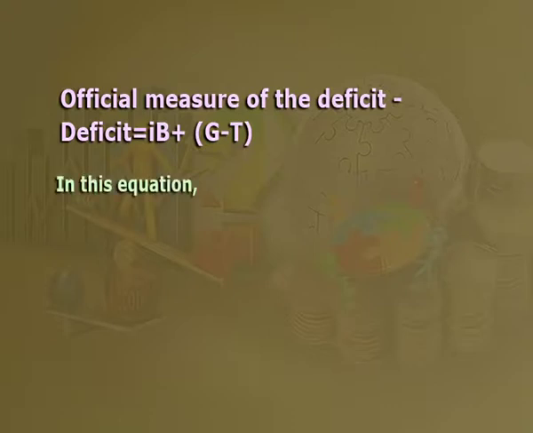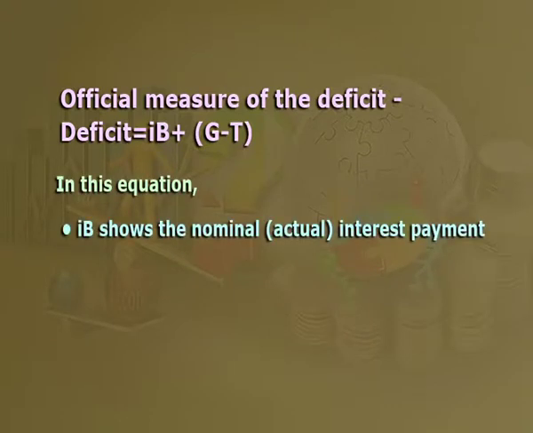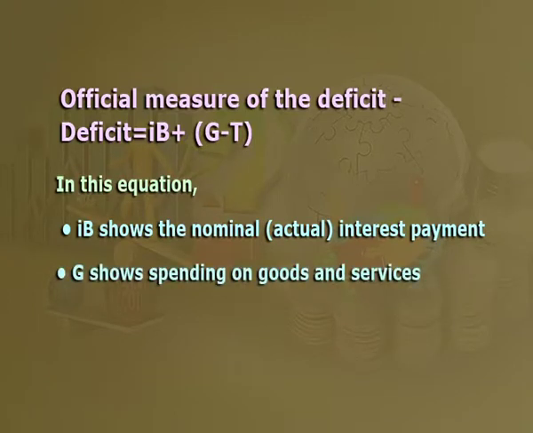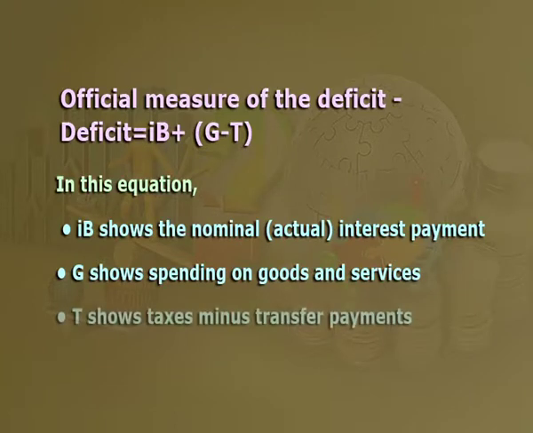In this equation, iB shows the nominal actual interest payment, G shows spending on goods and services, and T shows taxes minus transfer payments. This official measure shows the correct cash flow position of the government, but it is not an accurate measure of the changes in real debt, that is, the change in how much the government owes expressed in terms of goods.